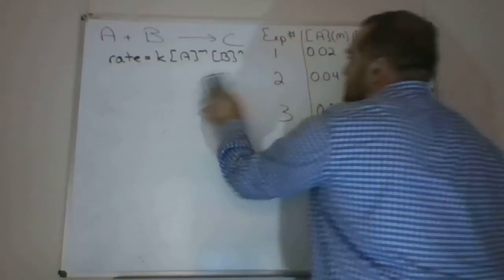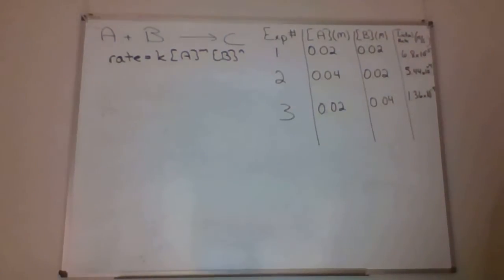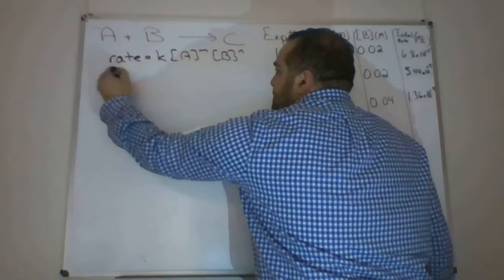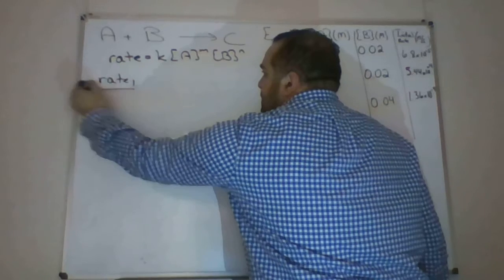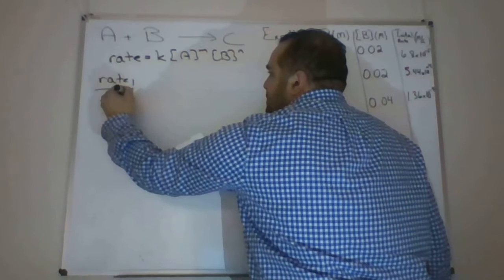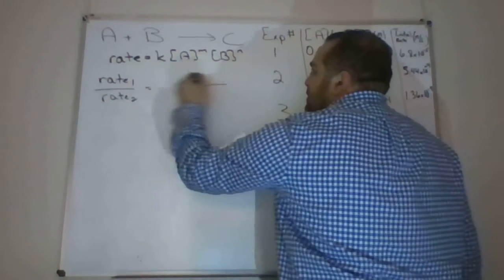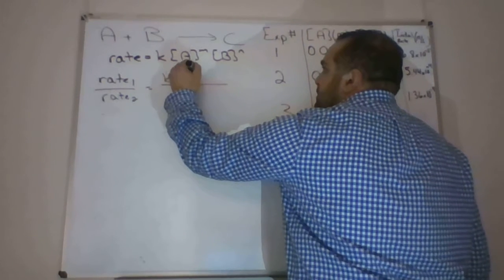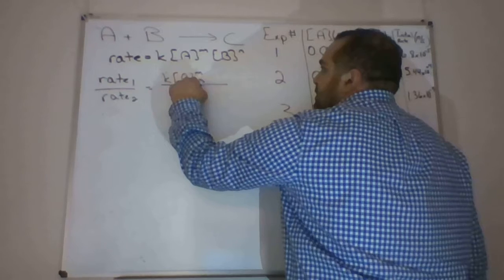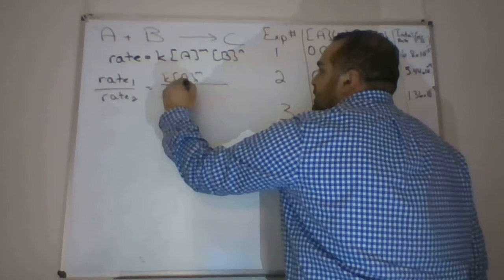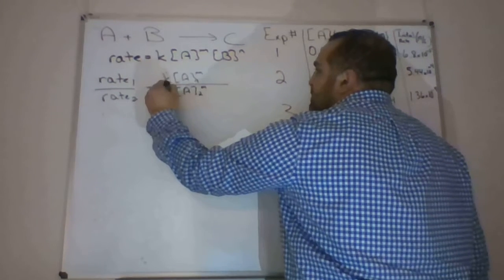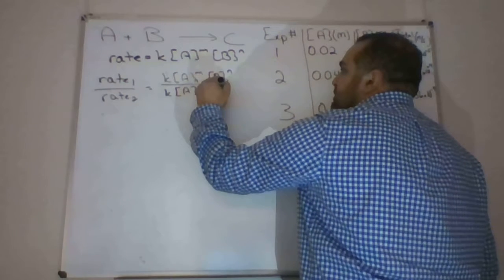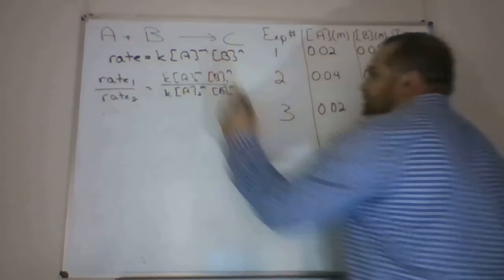The way we're going to do this is using the initial rates method. So you take two experiments, we'll say rate 1 over rate 2, equals k [A1] to the m, [B1] to the n, over k [A2] to the m, [B2] to the n.